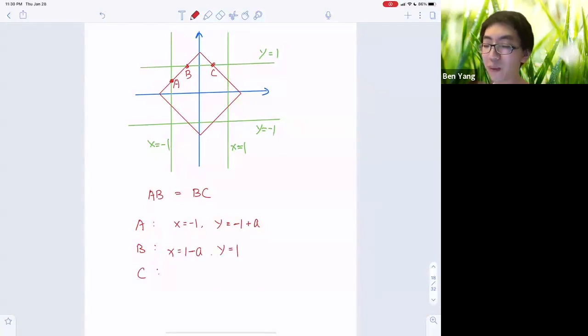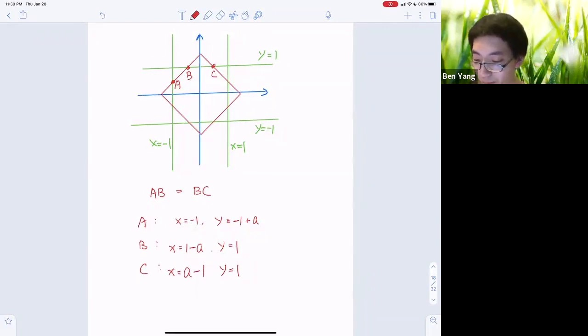And finally, point C. So point C is on the line y is equal to 1. It's also on the line x plus y is equal to a. So x should be equal to a minus 1.